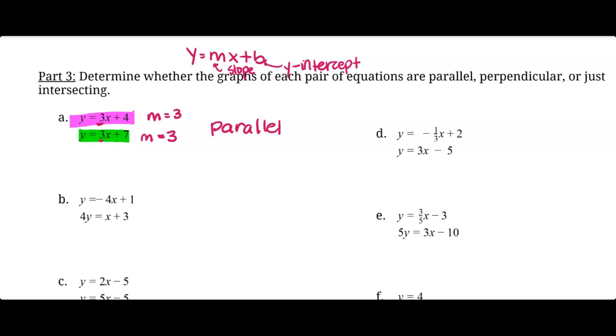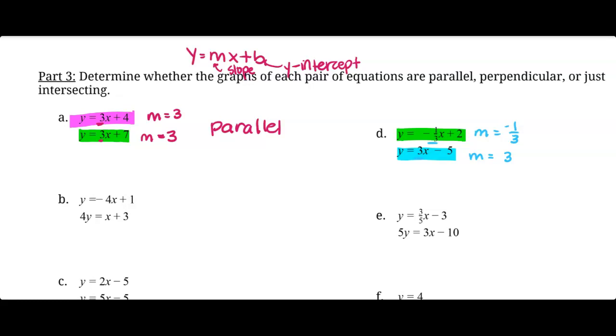Let's actually jump over to D and do D next. When I look at this first line, I see that the number on x is -1/3, so my m is -1/3. And then when I look at the second line, I see that on the x, I have a 3, so my m is 3. When I go down, I ask myself my questions. Are my signs the same?